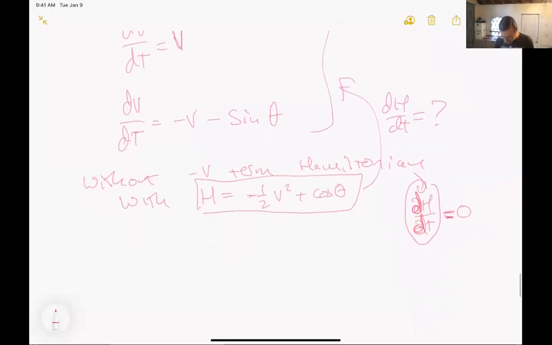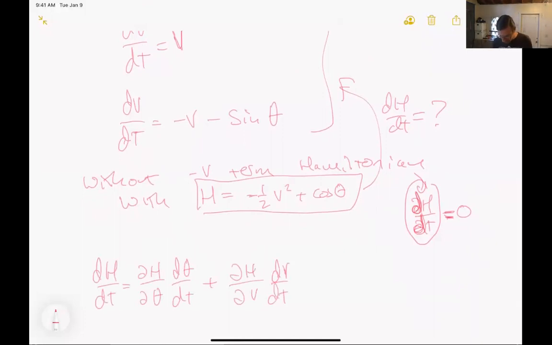So we want dh dt. Again, this is now the multivariable calculus chain rule. That's the partial of h with respect to theta times d theta dt plus the partial of h with respect to v times dv dt.